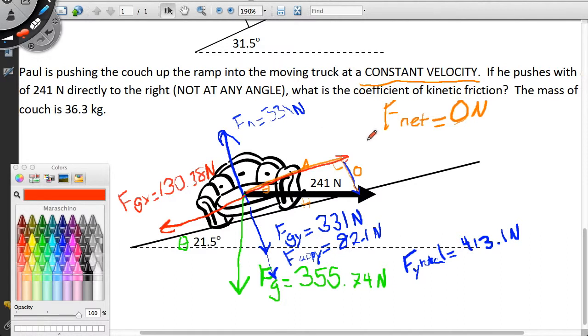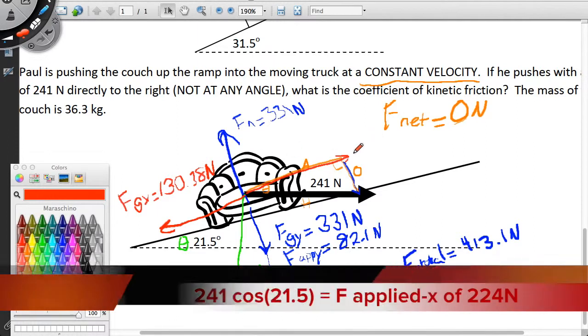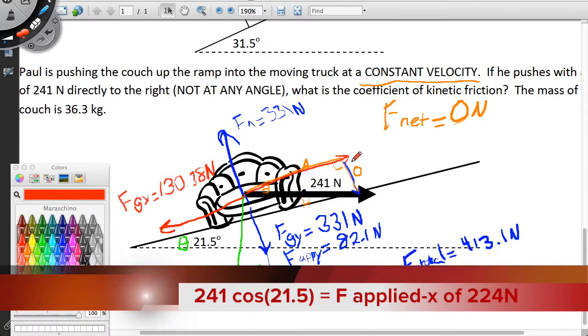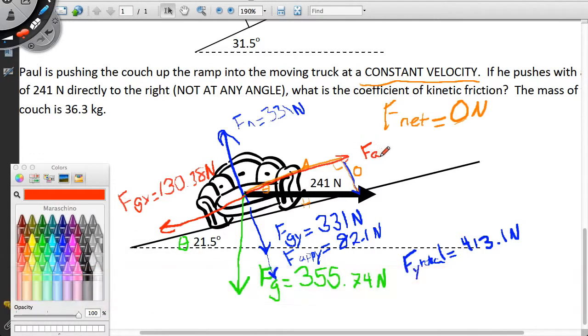Now that I figured that out, I'm going to figure out the rest for my X. So I'm going to do my trigonometry again. Based on that 241, I get an F applied x, and it comes out to be 224 newtons.